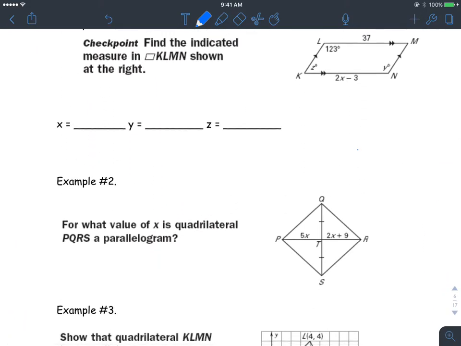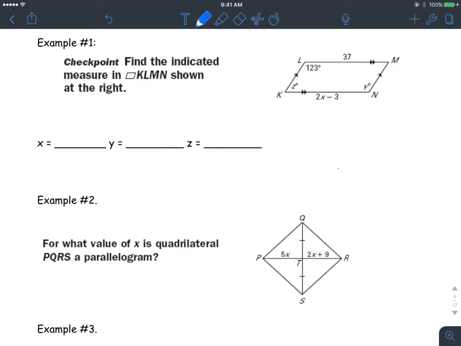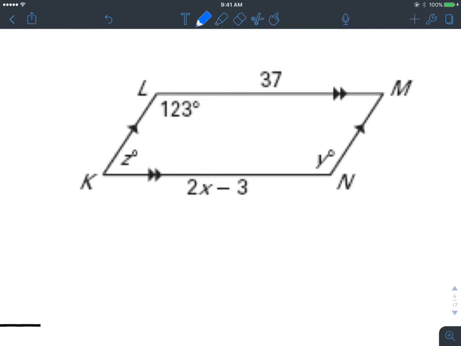Alright, so let's see what's going on here. Find the indicated measure in the parallelogram. The symbol right here kind of looks like a parallelogram. That means parallelogram. So KLMN, and then shown at the right. So check this out here. We have a parallelogram. All sides are parallel to each other.